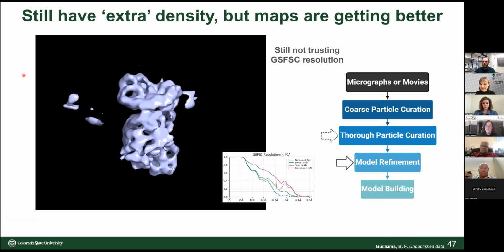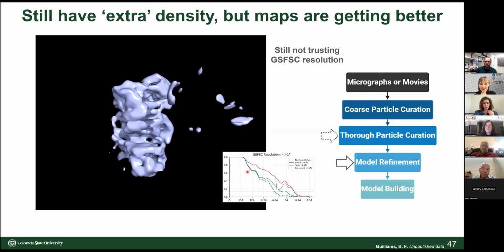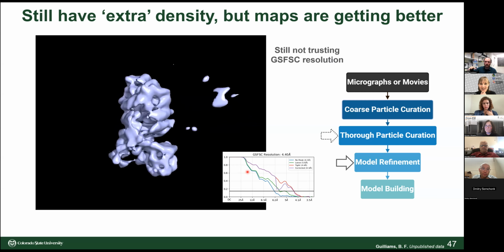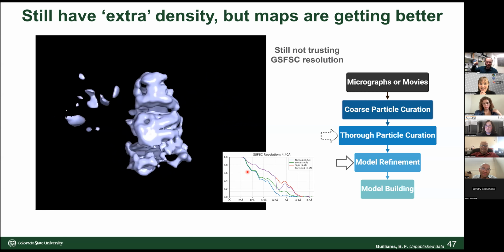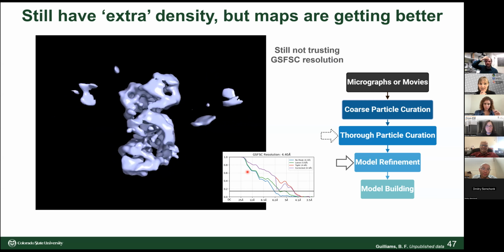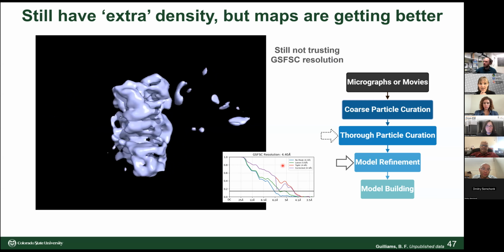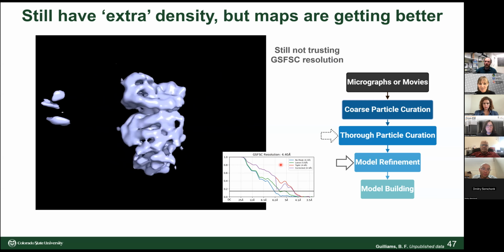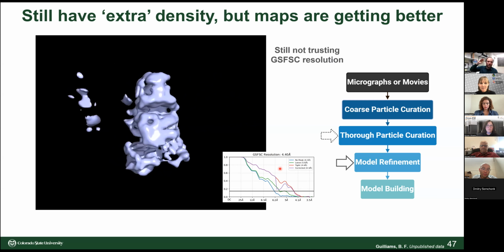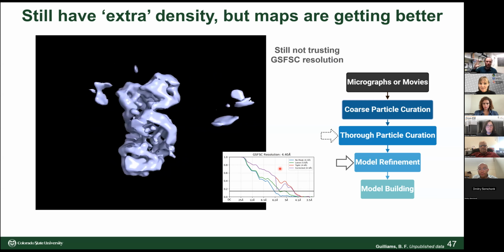Yeah, there's an earlier one where there's bumps along the way down. I'm not exactly sure what that means, but I know that's not supposed to look like that. I think it may have something to do with the mask that it's using. CryoSPARC has great documentation.